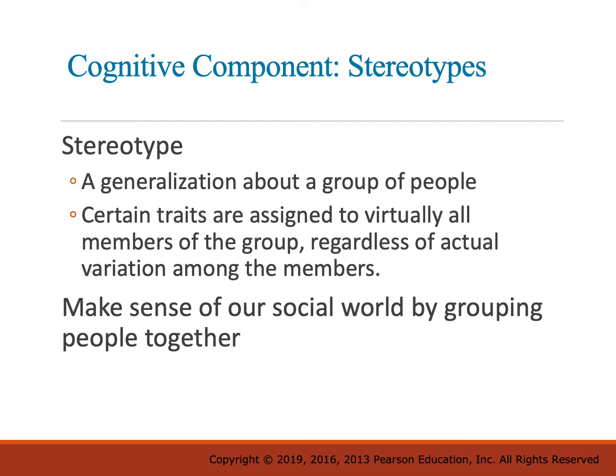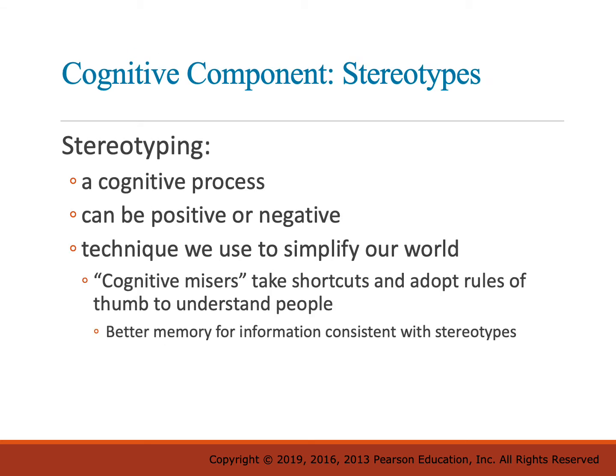But what do we find? Stereotypes can be very harmful as well, right? Although they're a cognitive process that can be positive or negative, and it's a technique that we use to simplify our world, meaning that we're cognitive misers. We take shortcuts and we adopt rules of thumb to better understand people, which helps us with our memory, information processing, right? And helps us with our retention.